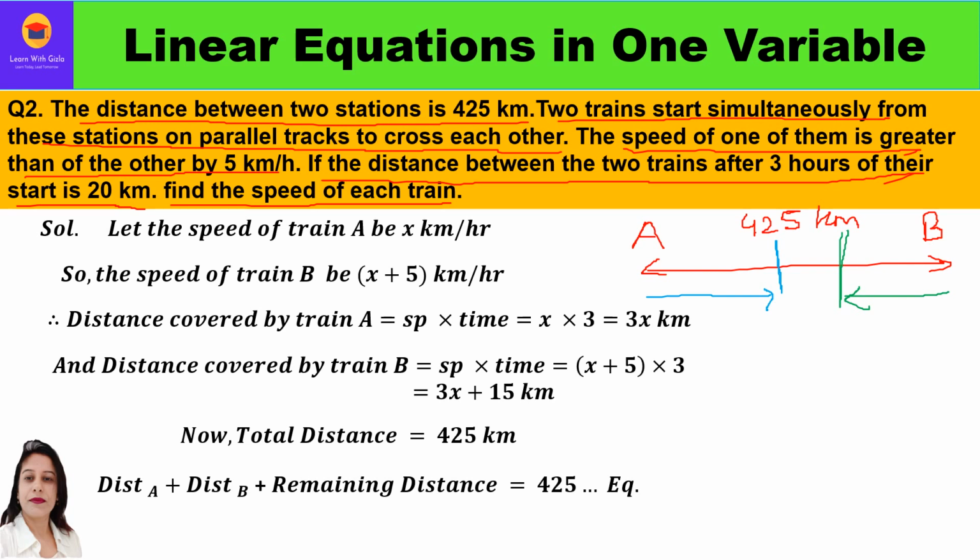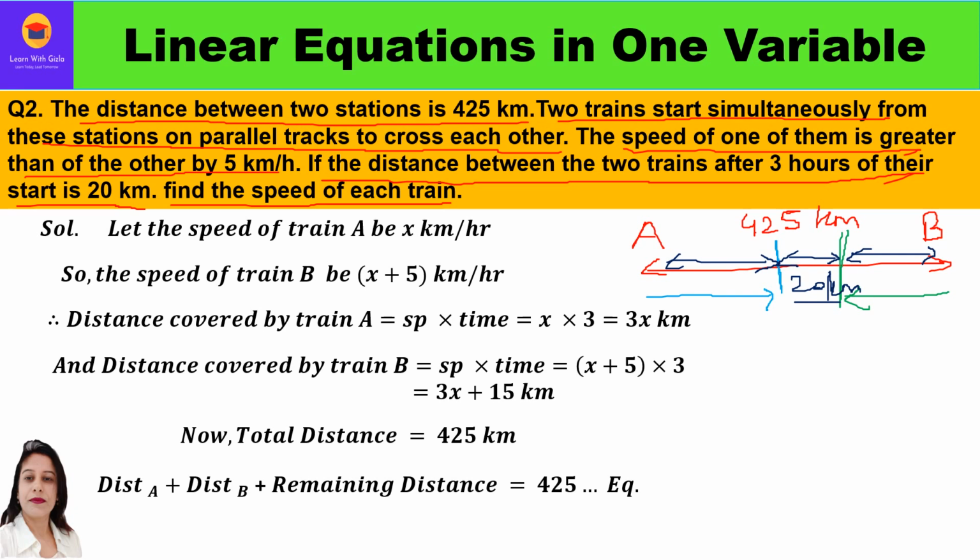So we can say the distance covered by train A is this much, distance covered by train B is this much, but still there is a distance which is left to be covered, which is 20 kilometers. Between them, we have still to cover 20 kilometers before they cross each other, right?